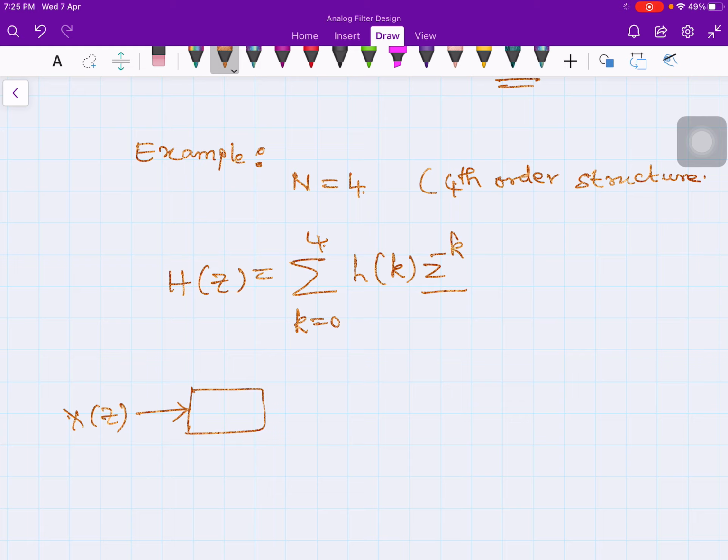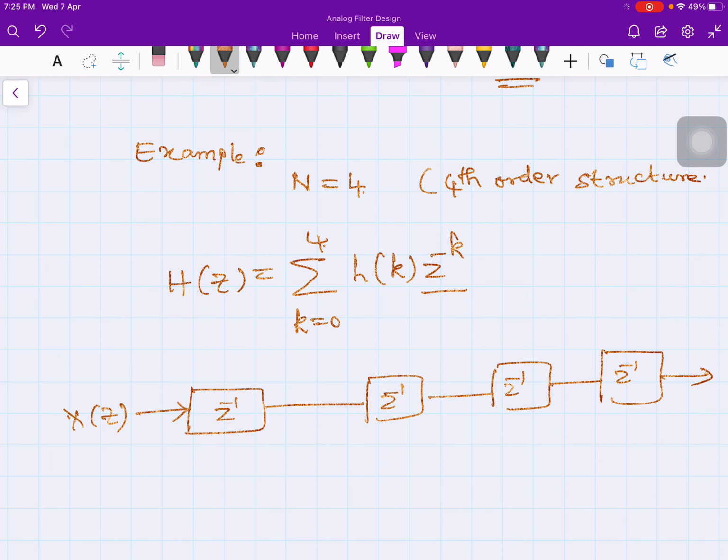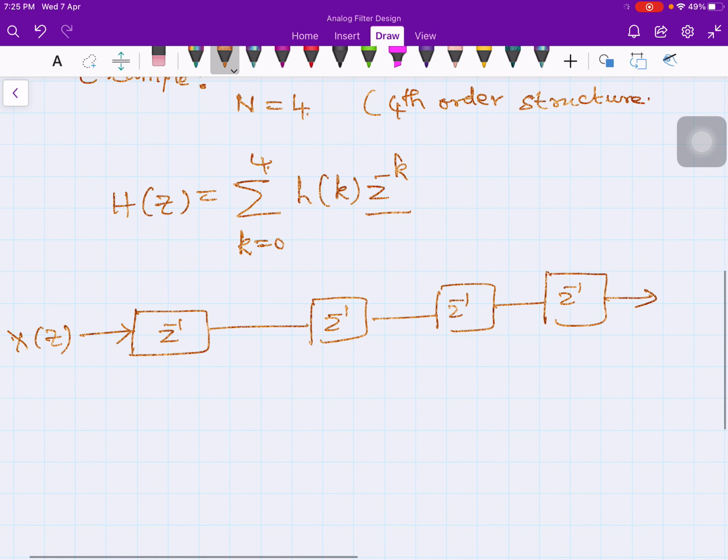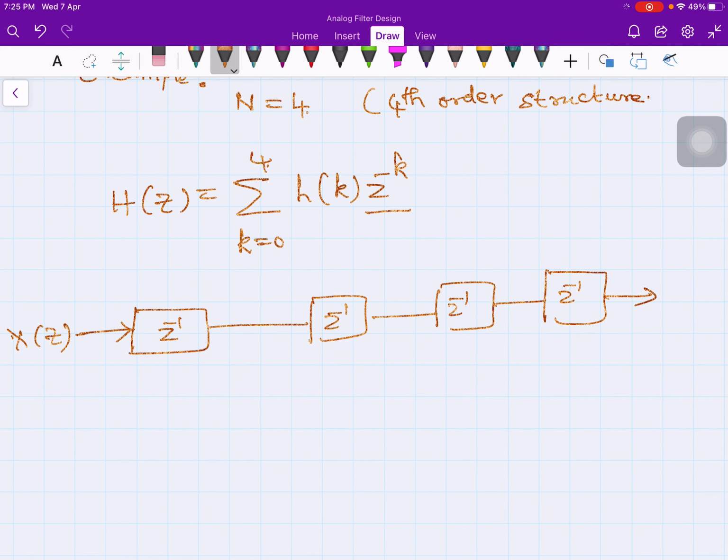Let me draw the delays first: z inverse, z inverse, z inverse, z inverse. So there are 4 delays, right? The input is at this point, and the input is multiplied by h0.